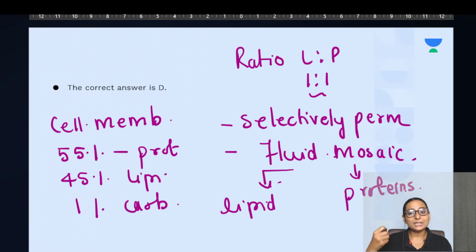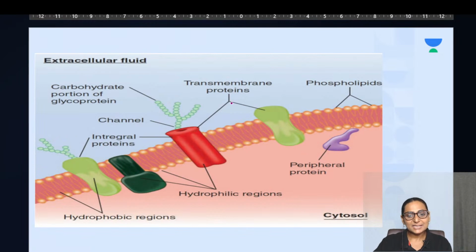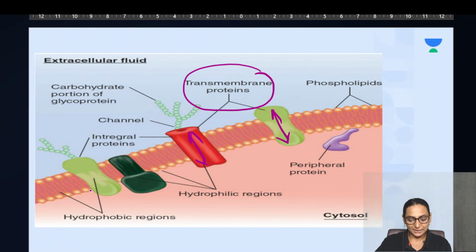There is a lateral diffusion of proteins, and these proteins are categorized as of two types. One, the transmembrane proteins, that is the integral proteins that can pass through and through the cell membrane.